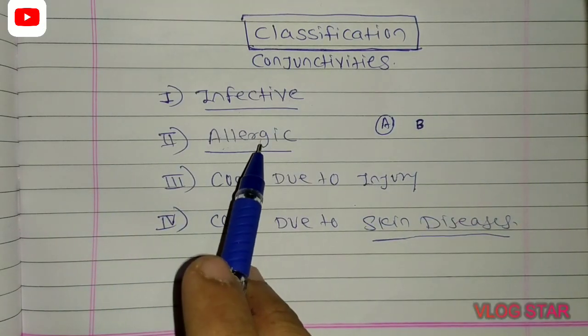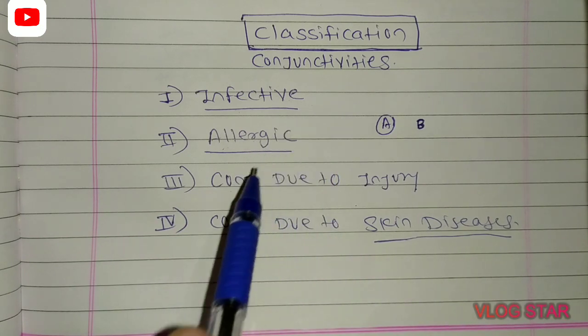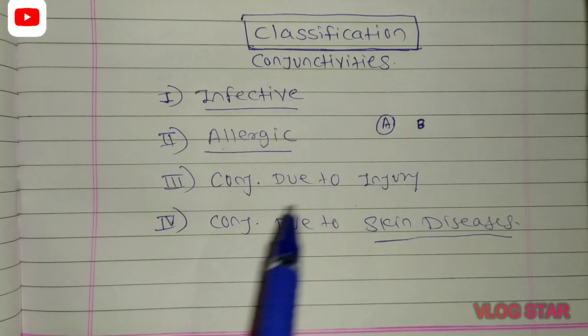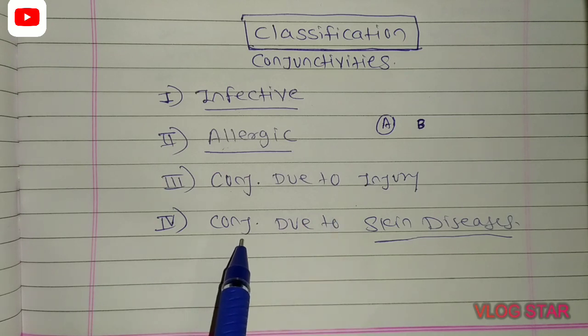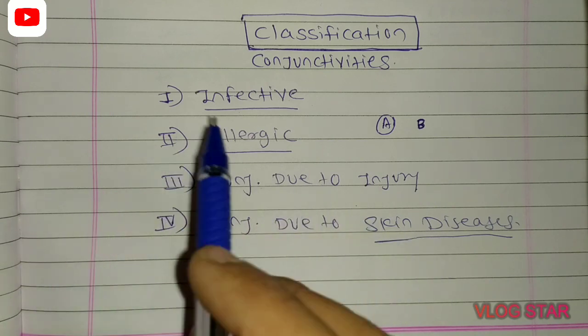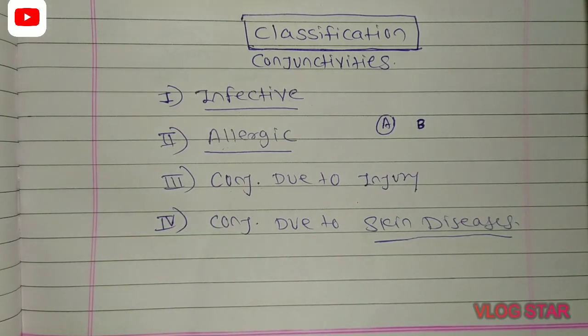So allergic conjunctivitis is the second type of conjunctivitis. Then comes the third type, that is conjunctivitis due to any type of injury. Then comes the last or fourth type, that is conjunctivitis due to skin diseases. Each and every type of conjunctivitis has its own classification.